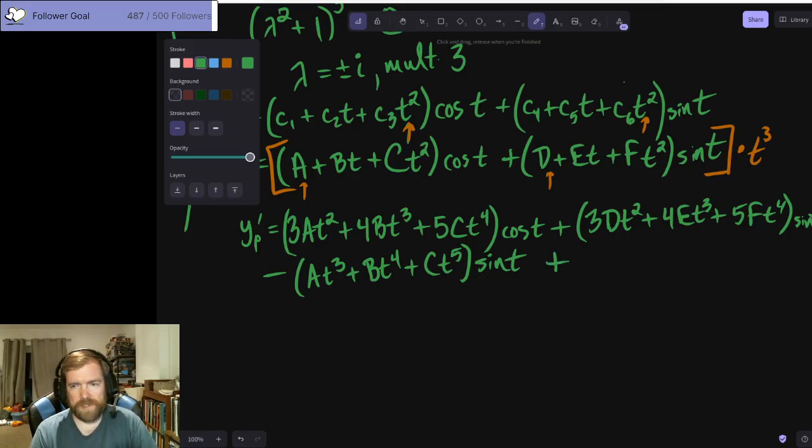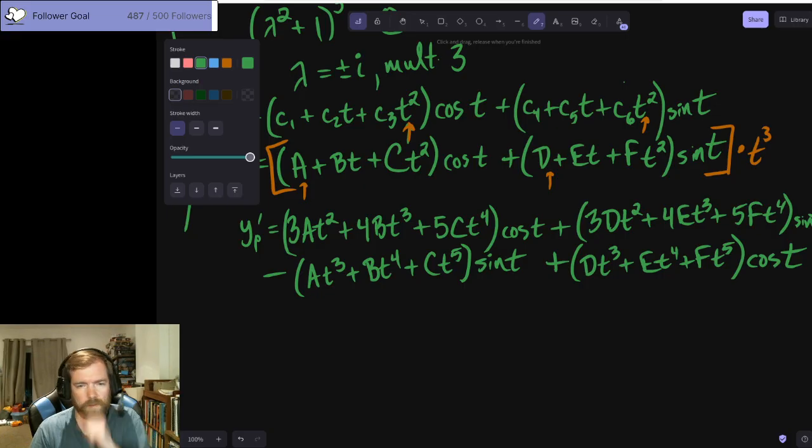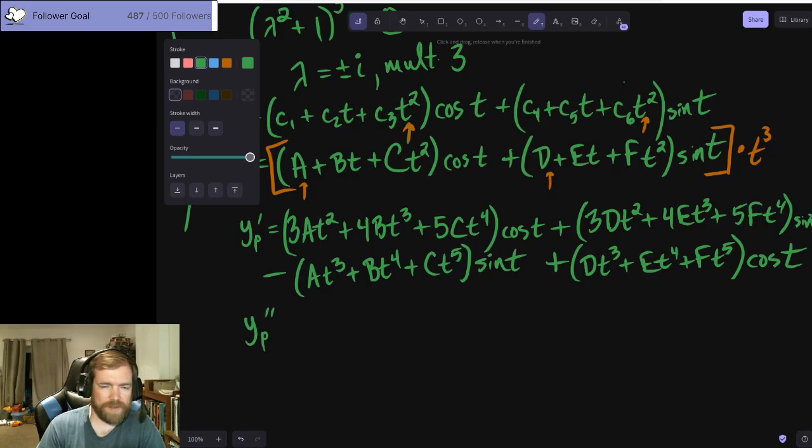And this time it's plus d t cubed, e t to the fourth, f t to the fifth times cosine of t. Okay, so that's nice. That's the first derivative. And then we need y particular second derivative, and all the way down to y particular sixth derivative, which is not going to be that much fun.